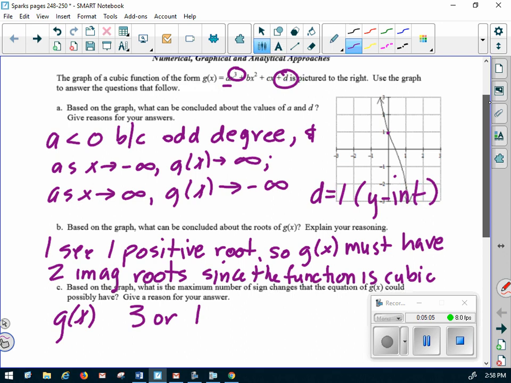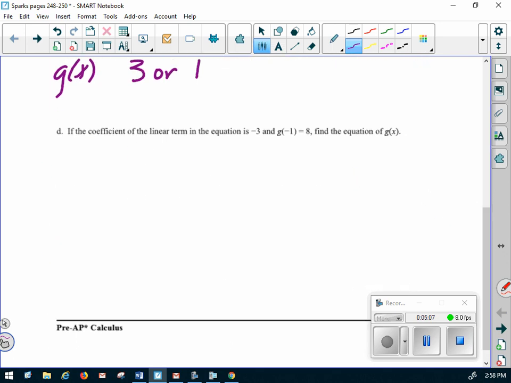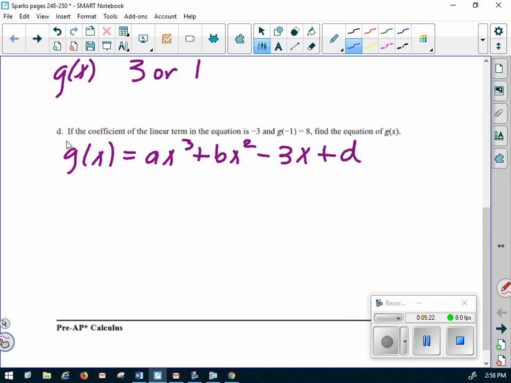Ax cubed plus bx squared plus cx plus d. Now I put the -3 in as the coefficient of the linear term. But remember, I also know what d is. D is 1. So I can put that in as well.